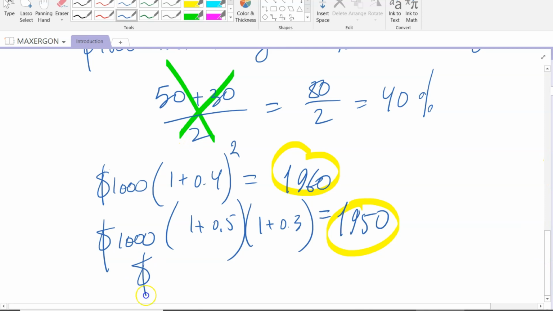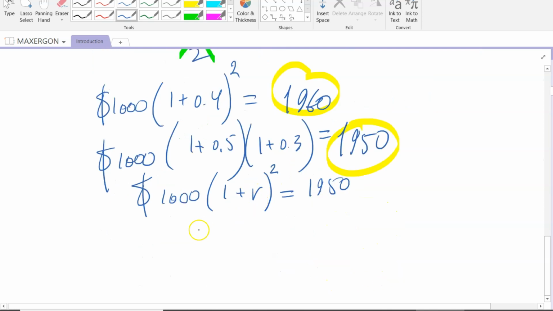What we needed to have was that $1,000 had to be increased by the same rate 2 times in order to get to 1,950. And this R can be found now in this problem, of course, using this $1,000 and 1,950 by 1 plus R squared equals 1,950 divided by 1,000.